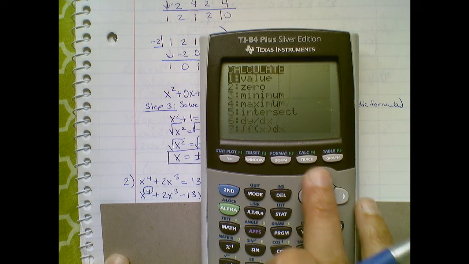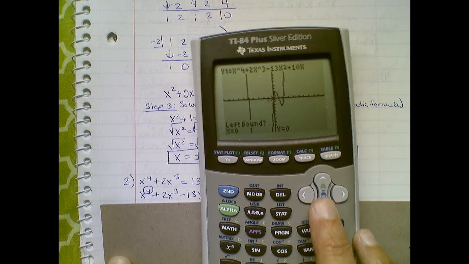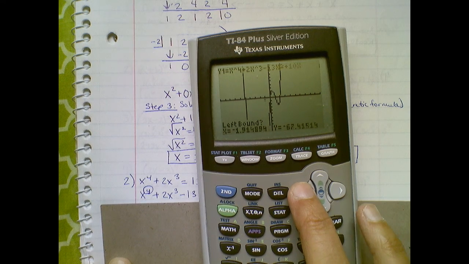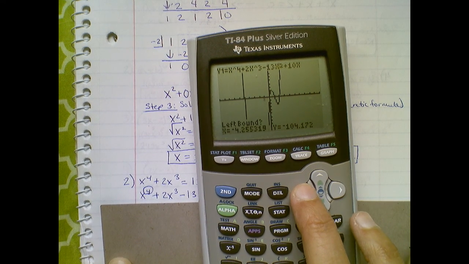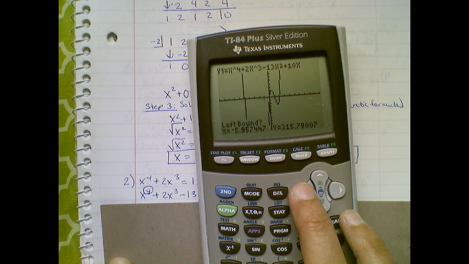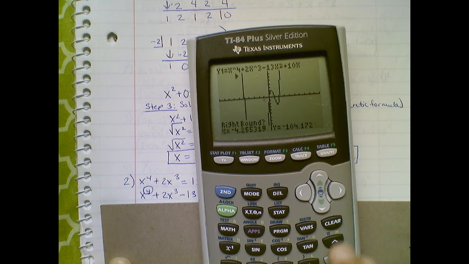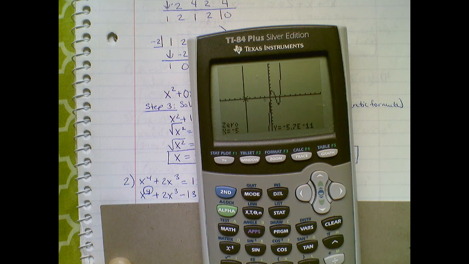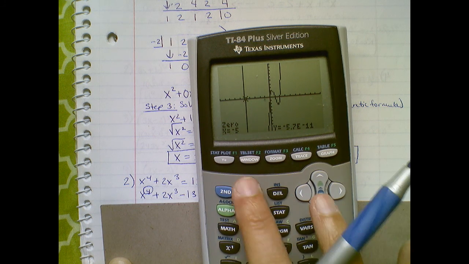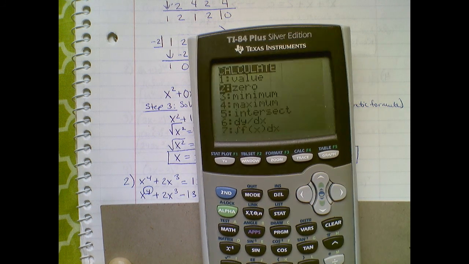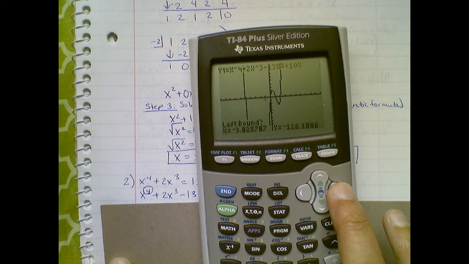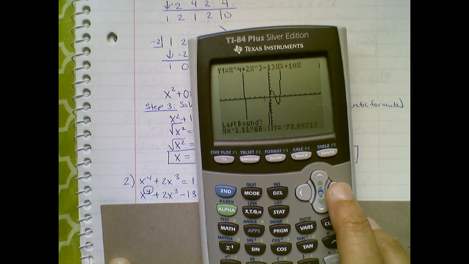So we go to second trace, we go down to 0. We're going to find this one furthest to the left first. So -5. It looks like the next one crosses through 0, but we'll double check.